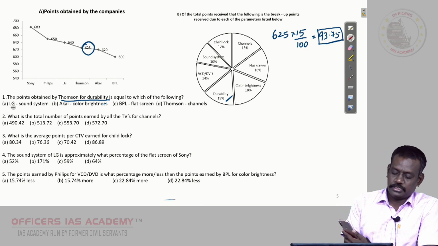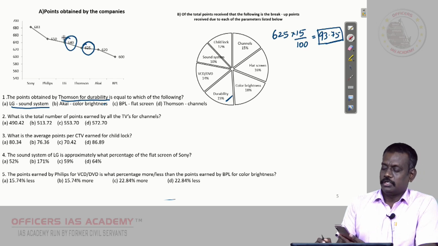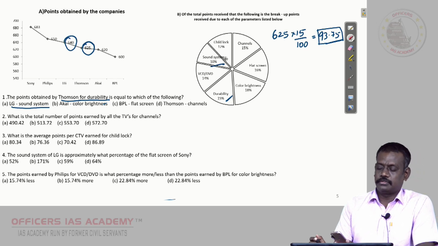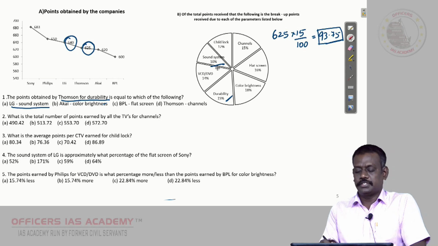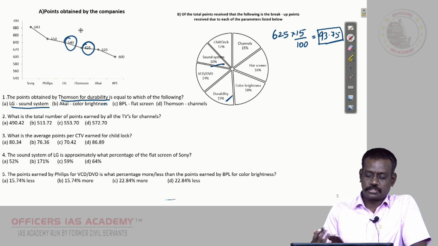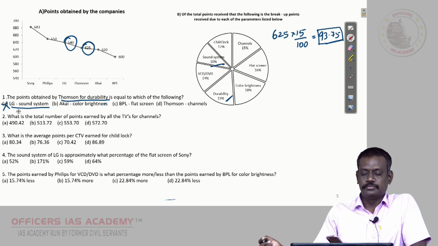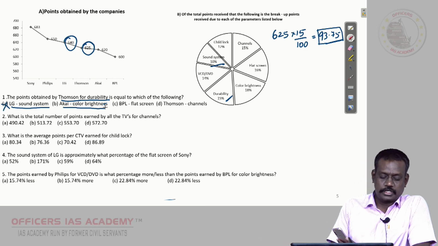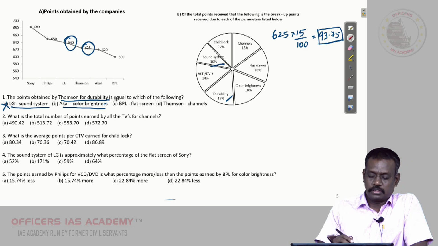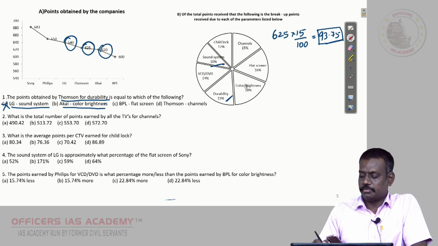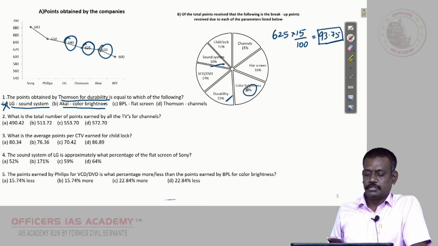For LG sound system, LG is 640 and sound system is 10%. So 10% of 640 is not 93.75, it is 64. So this cannot be the answer. Next is Akai color brightness. Akai is 620, color brightness is 18%.